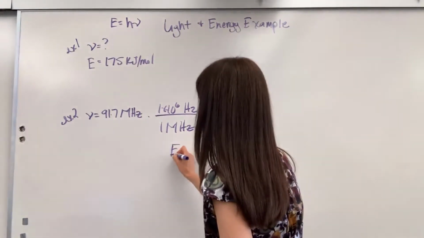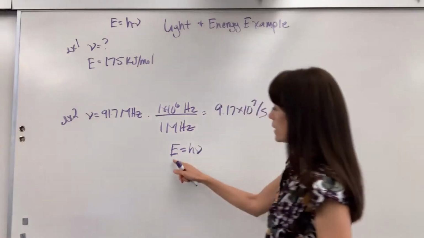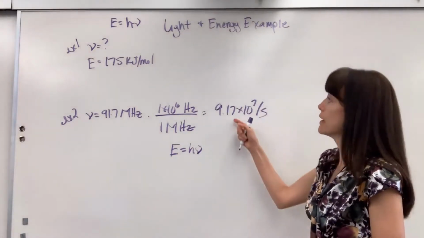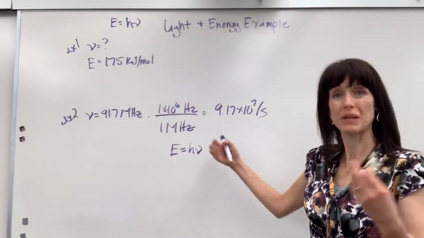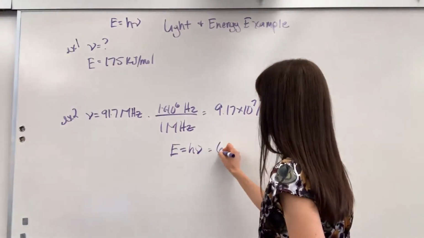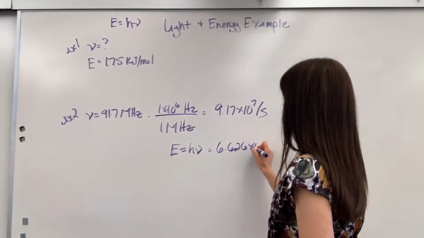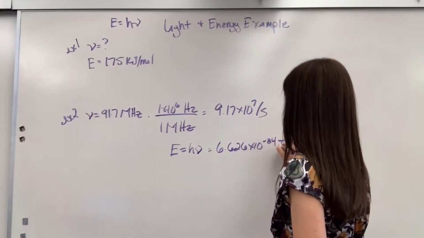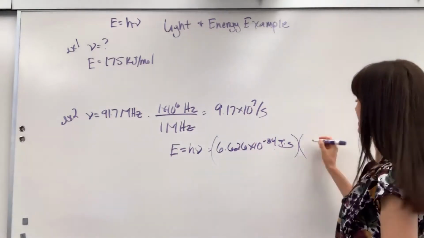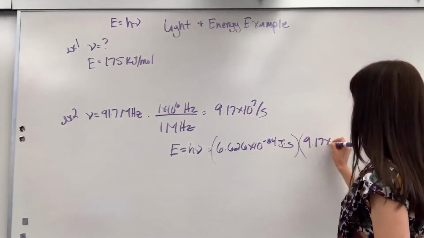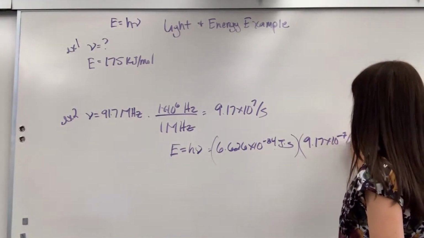So E equals H times nu, energy equals Planck's constant times frequency. Here's my frequency in per second. E's already by itself, so we can go ahead and plug in. We'll take 6.626 times 10 to the negative 34 joules times second, H, multiply it by our frequency, 9.17 times 10 to the 7 per second.